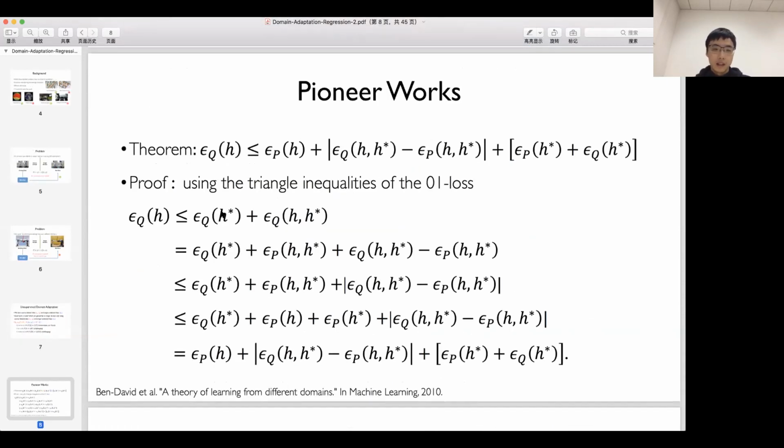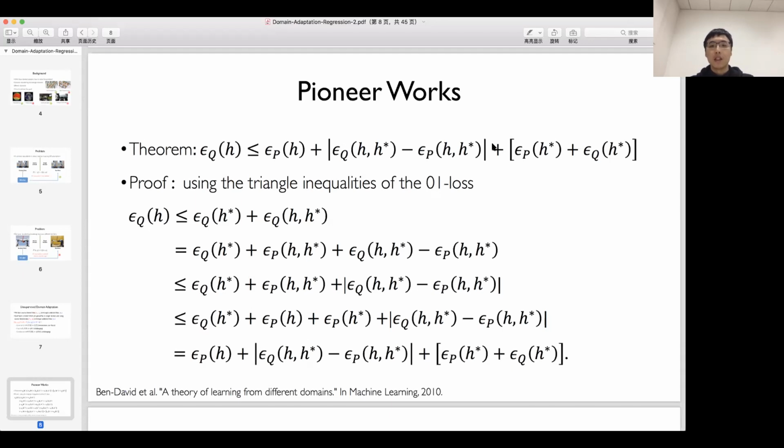The first one is a theoretical work from Shai Ben-David, A theory of learning from different domains. He tries to relate the target risk to the source risk. The conclusion is this equation, and the proof is very easy.